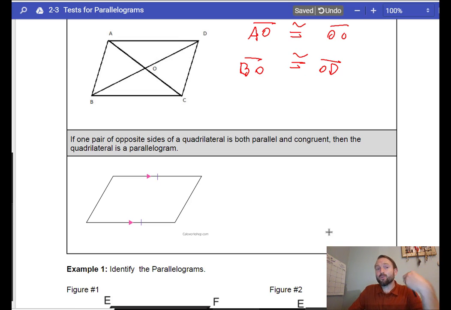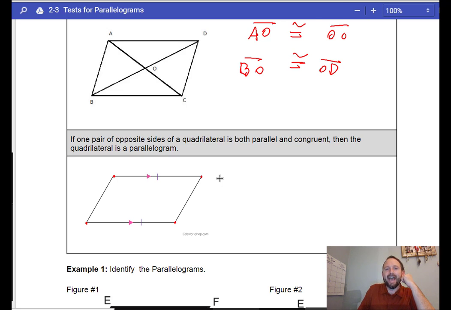Now, this last one: if one pair of opposite sides of the quadrilateral are parallel and congruent, then this must be a parallelogram. Because basically what's happening is, hey, we have this right here, and we're saying, hey, we're only going to go like 10 feet this way. And this is 10 feet this way, and it goes 10 feet this way.